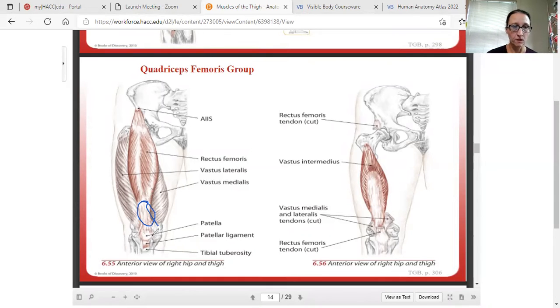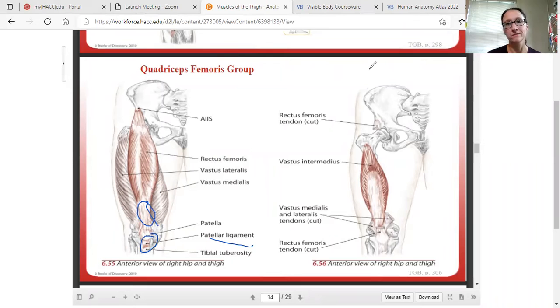But from the patella to the tibial tuberosity is the patellar ligament, because you're attaching bone to bone. So you're attaching the patella to the tibial tuberosity. Those are two bony landmarks. Therefore, that's the patellar ligament.